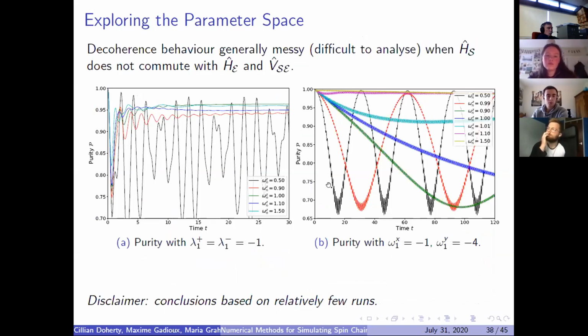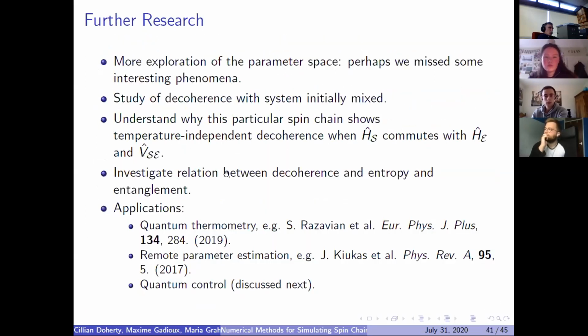So it's possible that our best bet is to use the parameters which give this decoherence behavior, because it's actually quite neat and fairly easy to analyze in comparison. Quantum thermometry has been done before, but on different spin chains by, for example, S. Vazavian et al. Another application is remote parameter estimation, which has been done by Hugus et al.